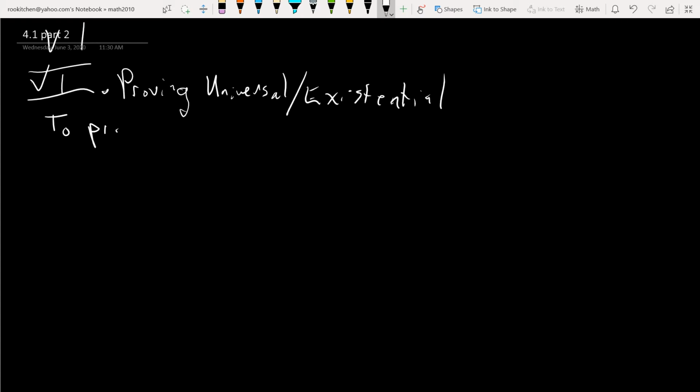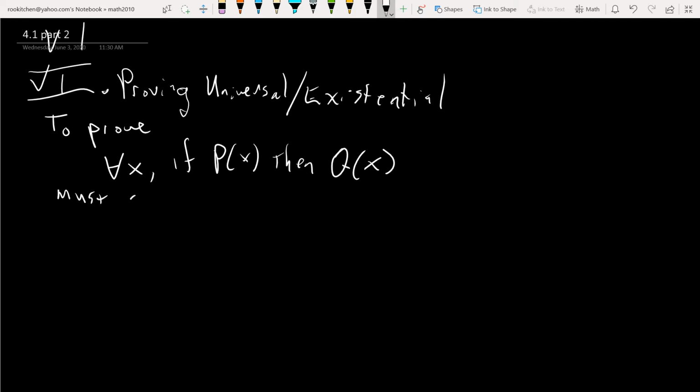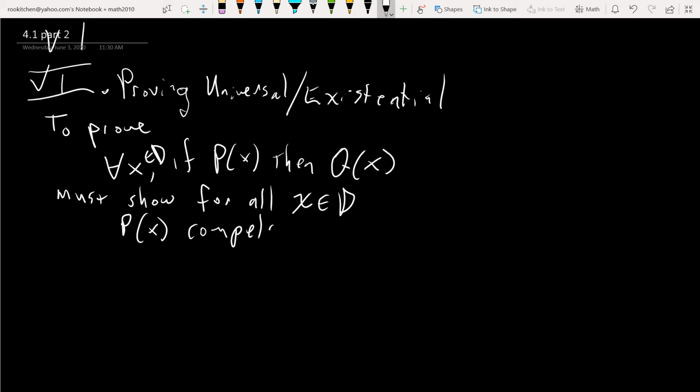So to prove something of the form for all x, if p of x, then q of x, you must show for all x in your domain, whatever that is, let's call it D, that p of x compels the truth of q of x.